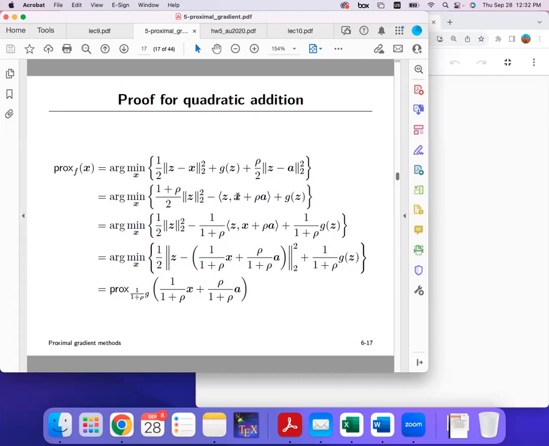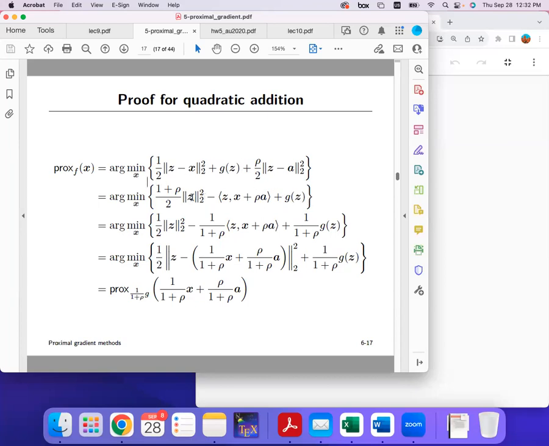And there's a cross term. We can put them together, and then we have g times g(z). There are other constant terms, for example some x squared and a squared terms. Those are constants, so they can be ignored because they do not affect the minimizer. We're looking for the minimizer.